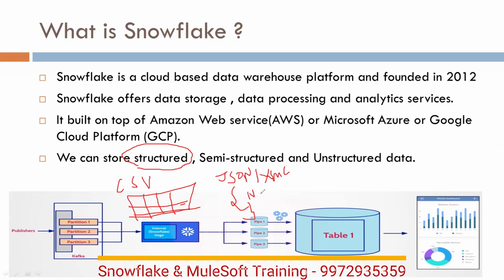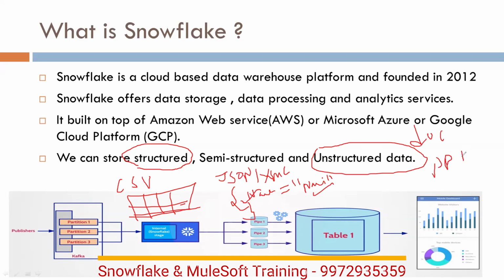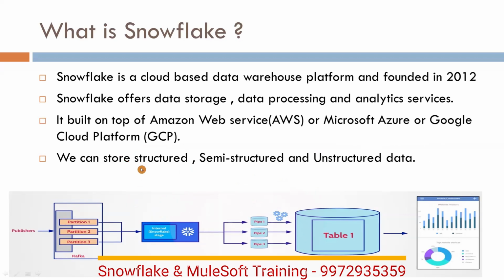It is a key-value format, for example, name is Nani. What is unstructured data? Unstructured data is images, videos, documents, PDFs. This is called unstructured data. Snowflake supports structured data, semi-structured data, and unstructured data.